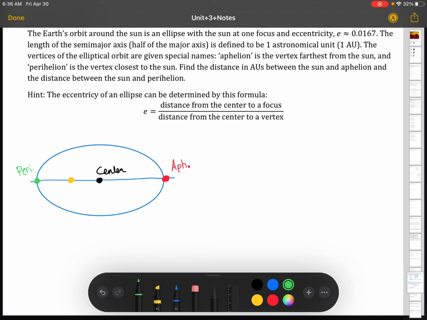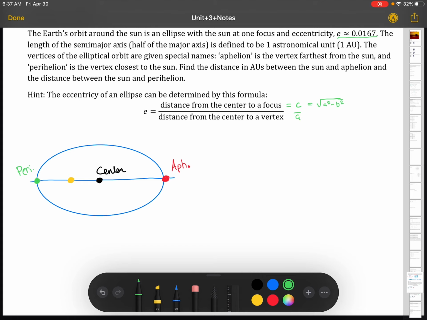And we know that the eccentricity is 0.0167. So we have this formula for eccentricity. Remember, the distance from the center to the focus is just c, and c is, for an ellipse, the square root of the bigger denominator minus the smaller denominator.